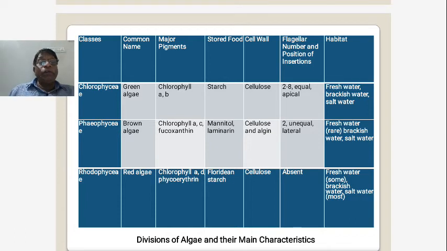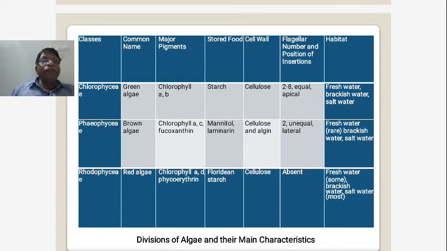How many flagella are there? 2 to 8. They are equal in size. Okay. Lastly, now we are examining the habitat.